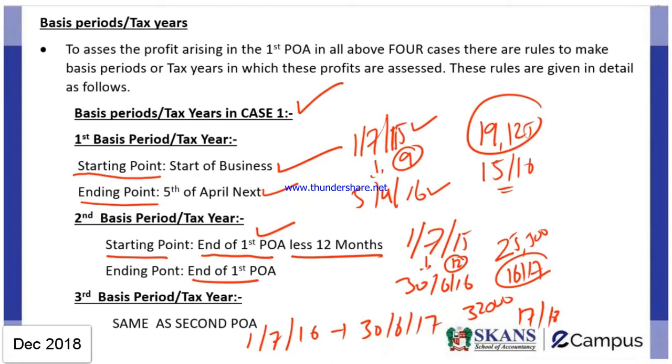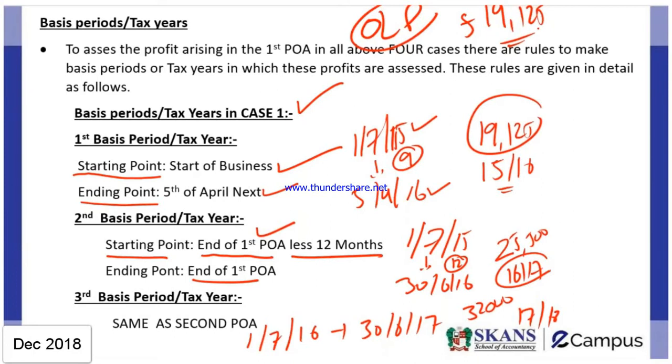So the same period of account profits are assessed in 2 tax years, and these are called overlap profits. These are profits of those months which are assessed in more than one tax year. In our example, these are 19,125.